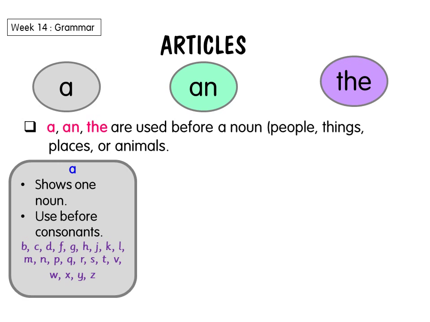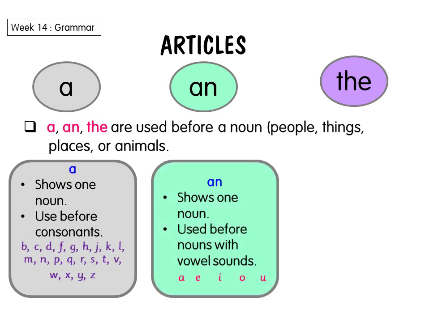For a, it shows one noun and it is used before nouns with consonant sounds: b, c, d, f, g, h, j, k, l, m, n, p, q, s, t, v, w, x, y, z. I will show you some examples later.